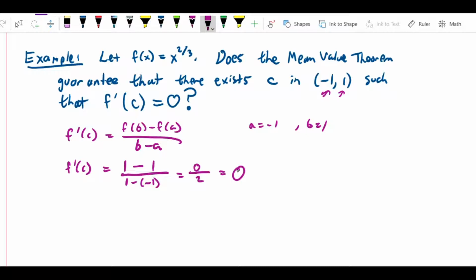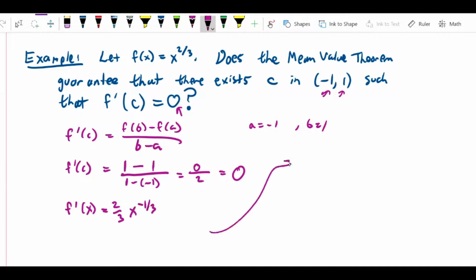So it certainly looks like we ought to be able to find a c, since we've got this 0 here, and the mean value theorem certainly looks like it's asserting that there's a number c such that this equation is true.